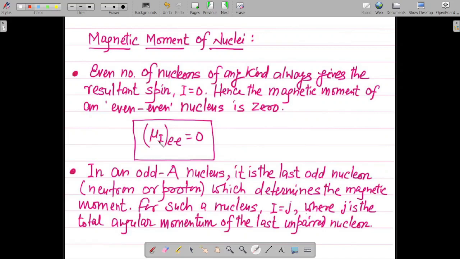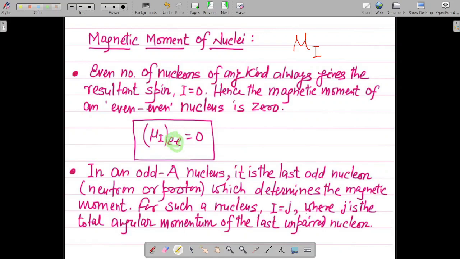So what does mu I mean? Mu I means the magnetic moment of a particular nucleus. We represent the magnetic moment of any nucleus by the symbol mu I. Now EE is written over here.